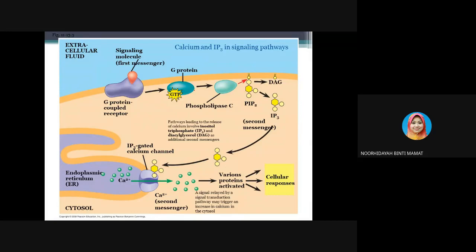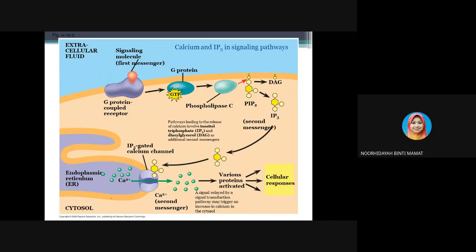Then the G protein will go to phospholipase C, and this pathway will lead to the release of inositol triphosphate, IP3, and also DAG. So these are the additional second messengers here, right?